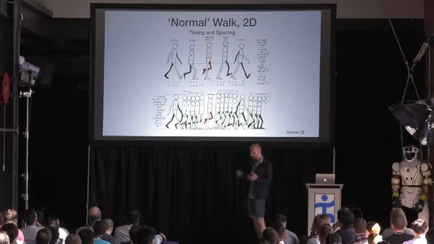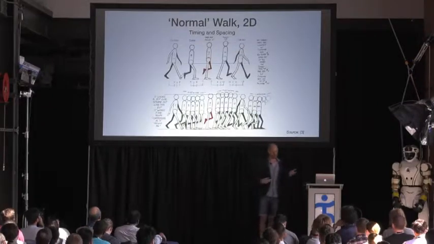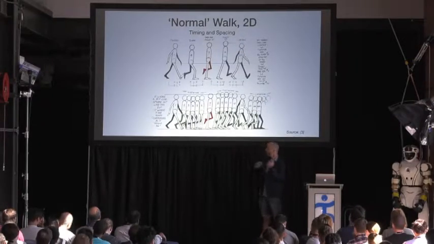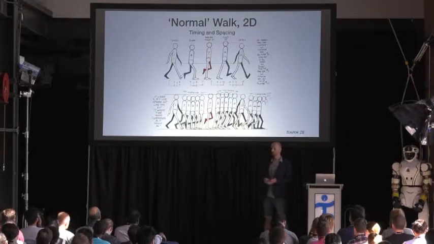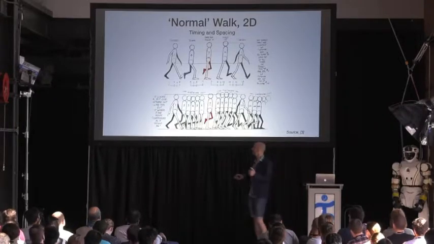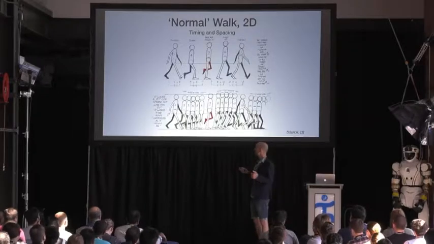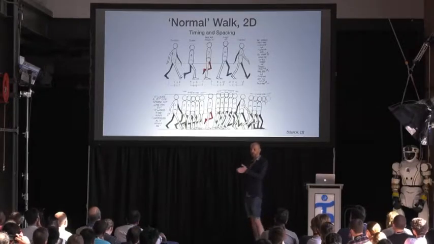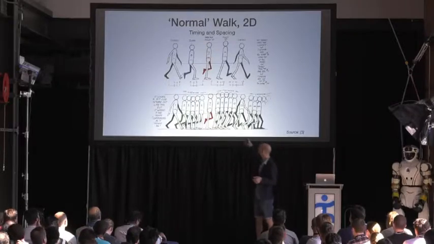So when you've defined these poses, the next step is to define the timing. When you have the poses, you know where in space you want to go eventually, but you don't know when. In animation, we decide that by figuring out which frame hits which pose. Here you have a walk cycle that passes through 13 frames.